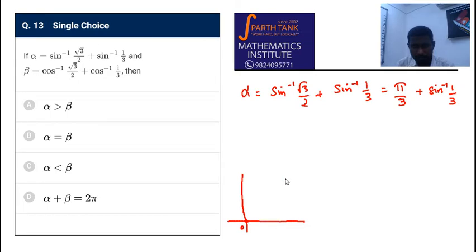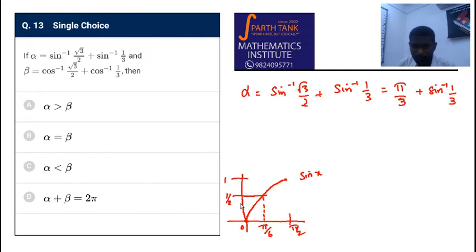It increases from 0 to pi by 2. This is sine x. Therefore, the value of sine x here is 1. Imagine it is 1 by 2 at pi by 6. Sine 30 is 1 by 2.